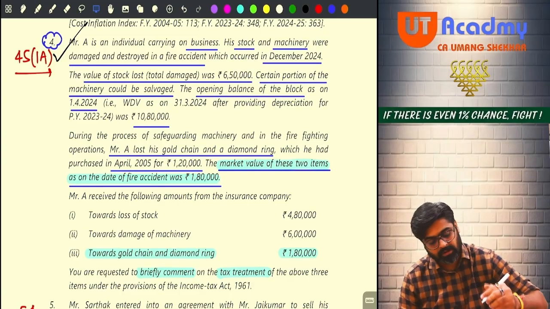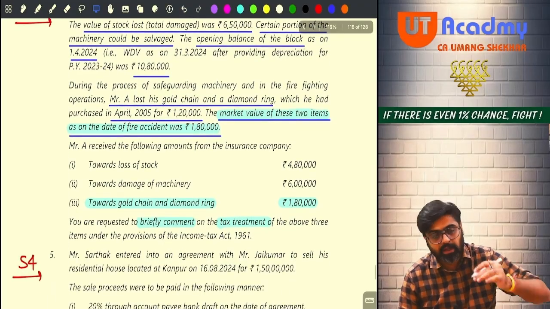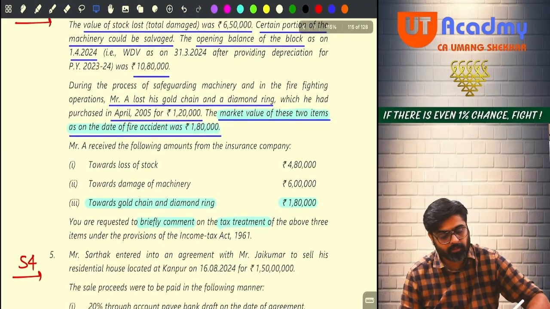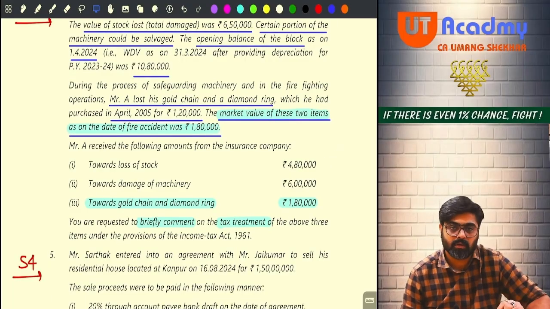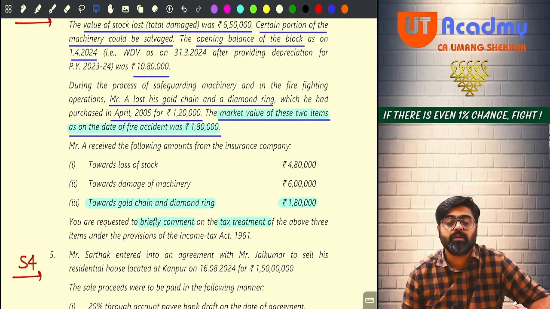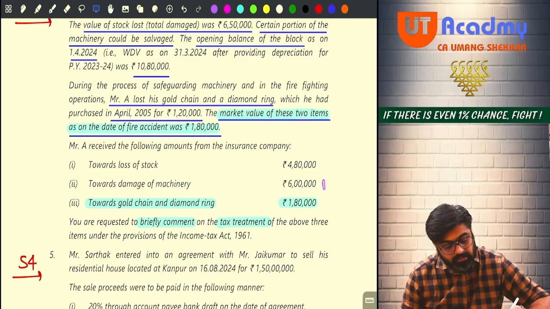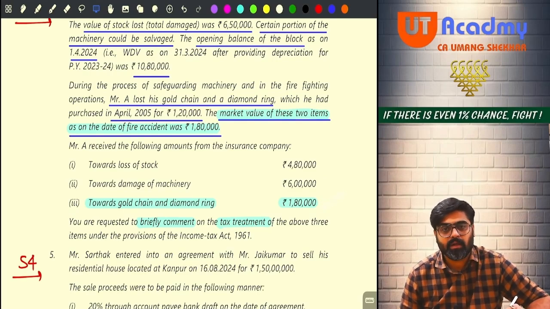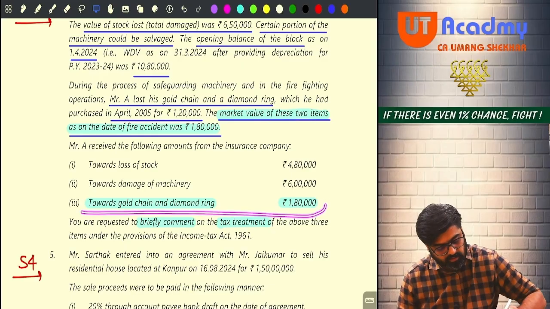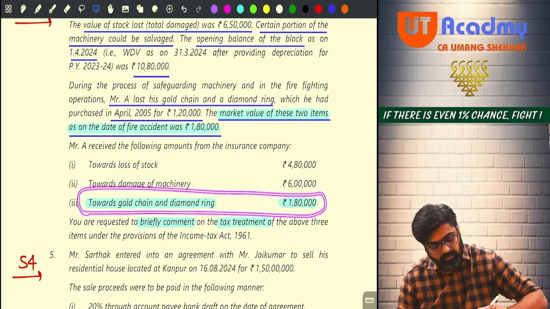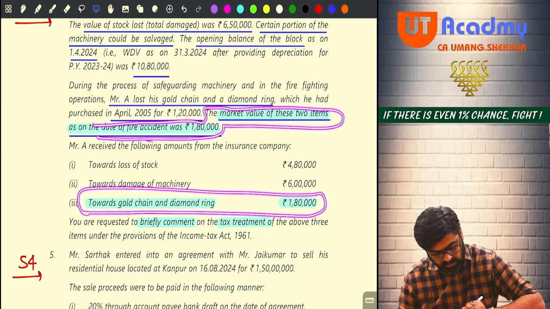So the insurance company is giving you, in this year only, a claim of rupees 4,80,000 towards the stock which is lost, 6 lakh rupees for the machinery and 1,80,000 for the jewelry. Fortunately, for jewelry, the insurance claim received and the fair market value are the same. Can you see?